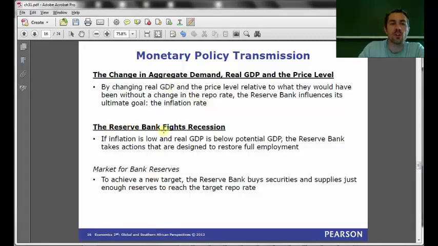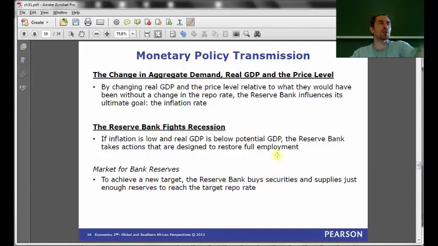So, how does the Reserve Bank fight a recession? And we've seen this before, we're going to see it again. If inflation is low and the real GDP is below potential GDP, the Reserve Bank can take action that's designed to restore full employment or increase GDP. What happens? Well, in the market for bank reserves, in order to achieve the Reserve Bank's target, which is to increase output, the Reserve Bank can buy securities.